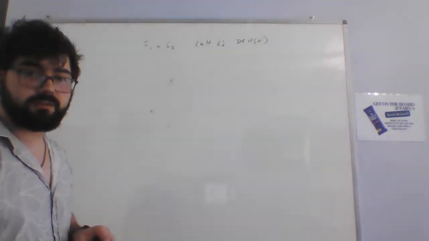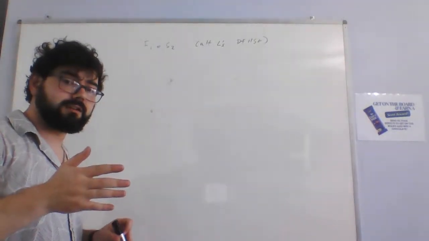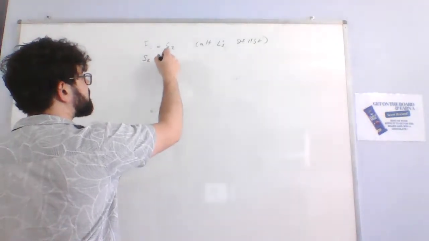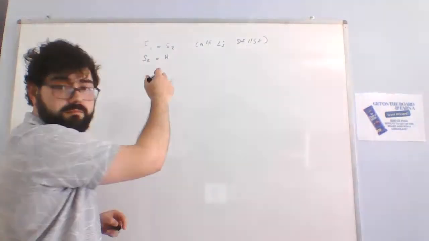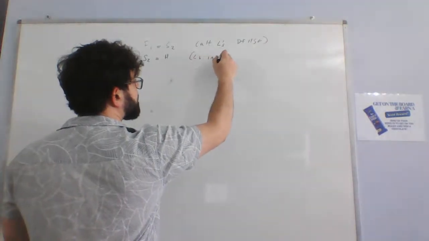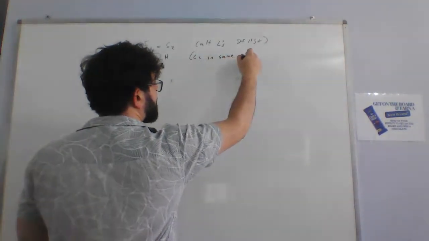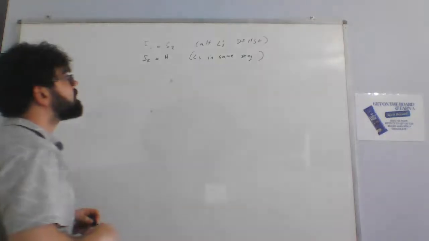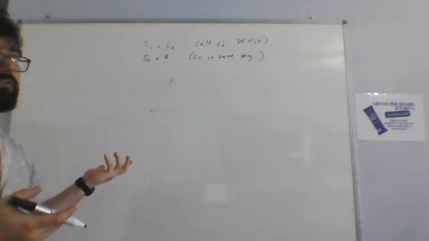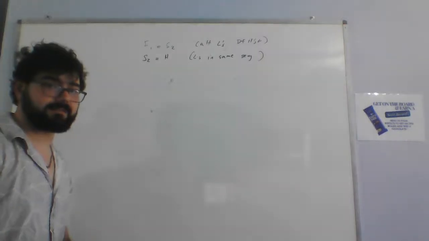Okay. Then we're going to say that S2 is equal to H, and that's angles in the same segment. Now, that means that F1 is equal to H. You don't need to write that out explicitly.